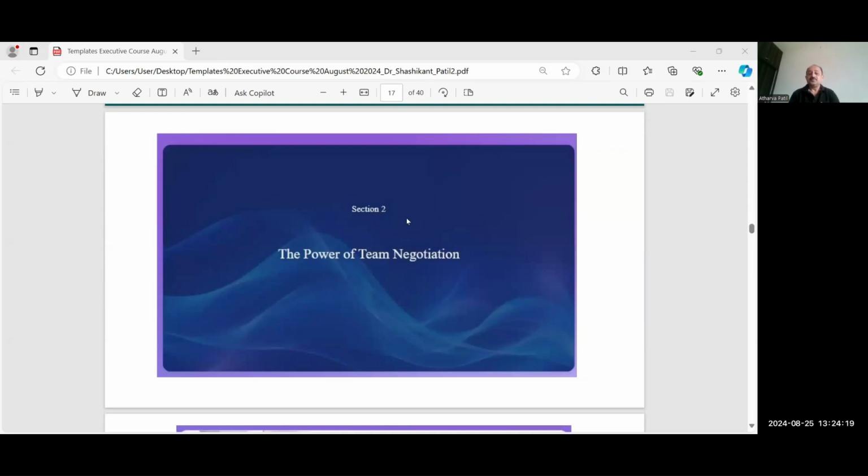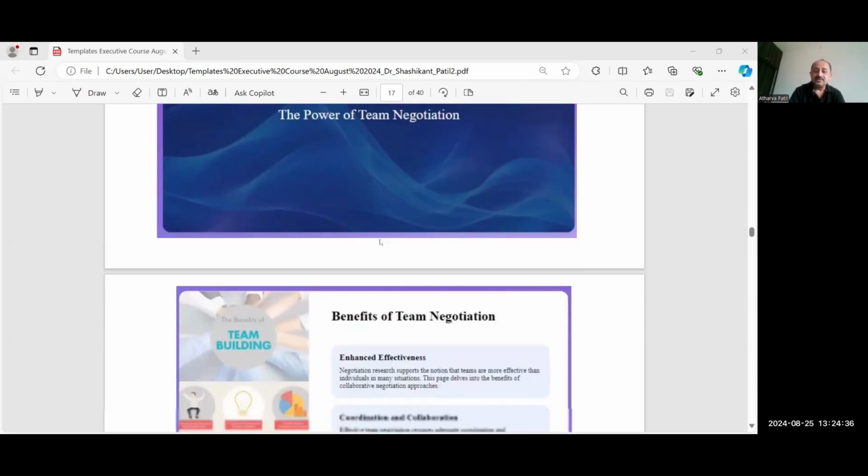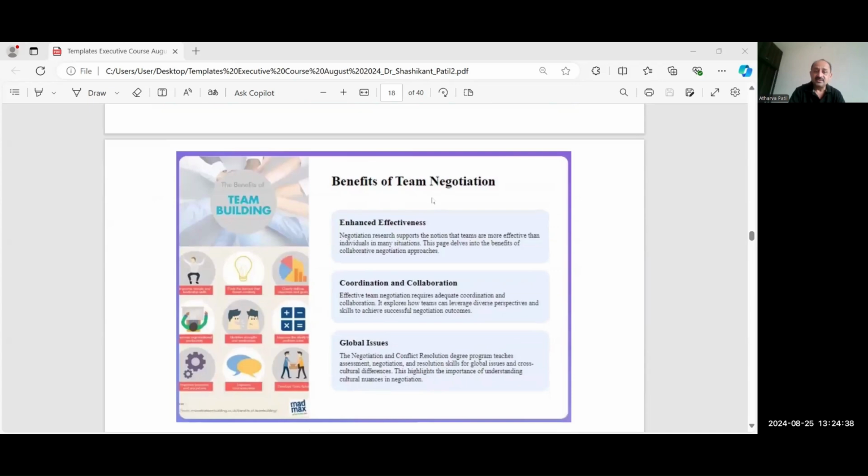Now let's see what our section 2 deals with: the power of team negotiation. When you work as a team in the organization, individuals need to pay attention to listening, respect the opinions of others, and have mutual respect. So let us see the different types of benefits of team building.